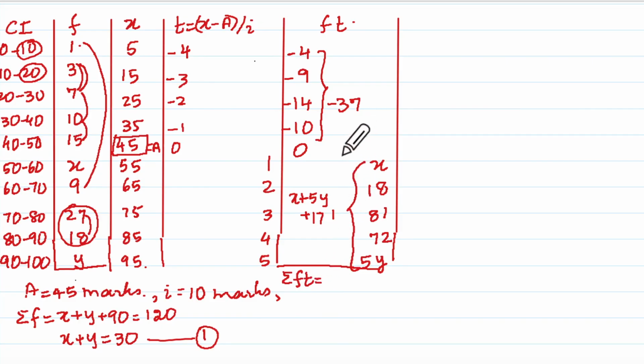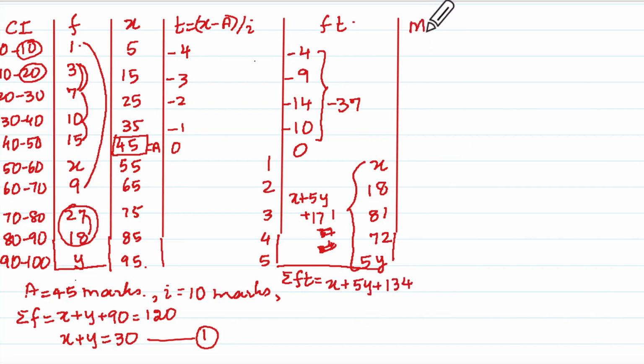Sigma ft will be x plus 5y plus, from here 37 will go, so 4 here and 3 here, 134. Double check. 134 and 37, is it giving this? Yes. Okay, so this is our sigma ft.